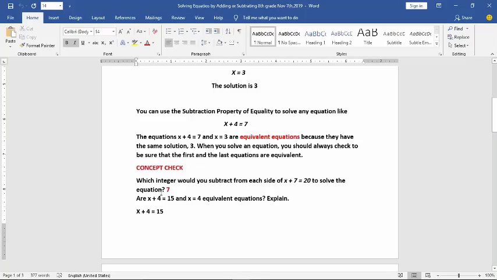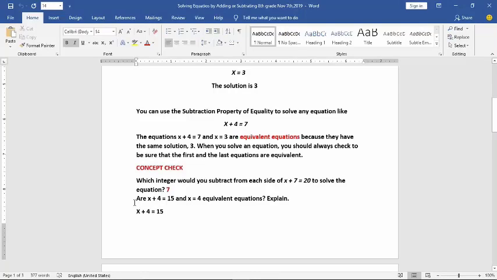It's 7. We have to undo this operation. So it's going to be minus 7 on this side and minus 7 on this side too. So we will subtract 7 from each side.